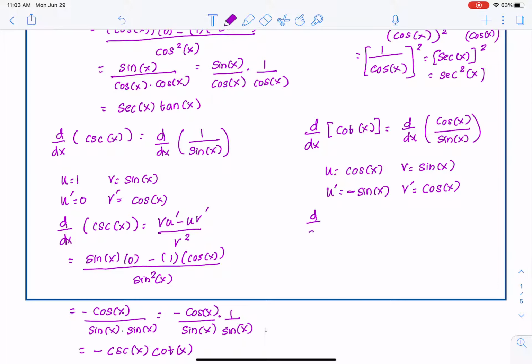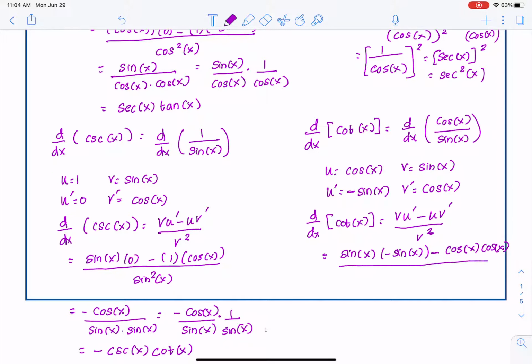Using quotient rule again, the derivative of cotangent x is v u prime minus u v prime divided by v squared. v is sine x, u prime is negative sine x, minus u is cosine x, and v prime is cosine x, divided by sine x squared.